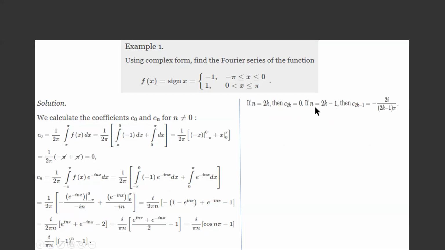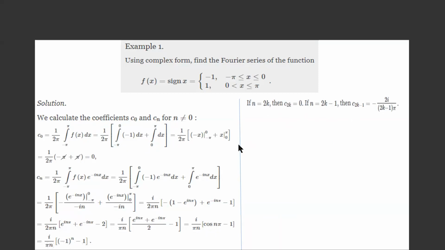But when you have an odd number, if I represent the even number by 2k, the odd number will be 2k minus 1. So you have minus 1 to the odd power, which is negative 1. So you will have minus 1 minus 1, which gives minus 2. This is why you have minus 2.